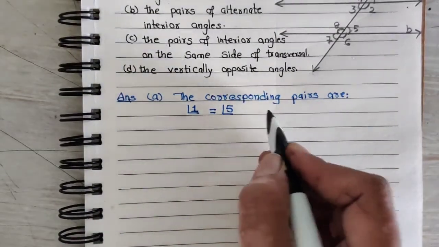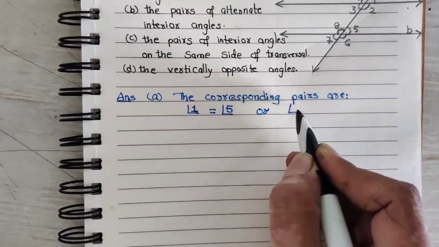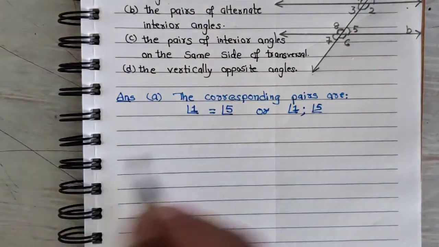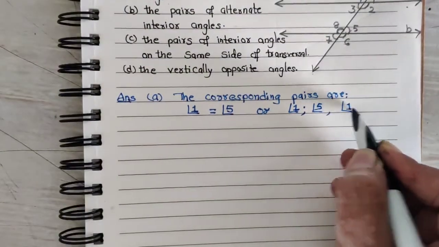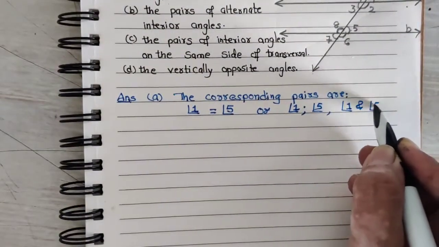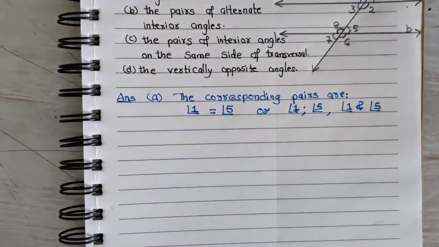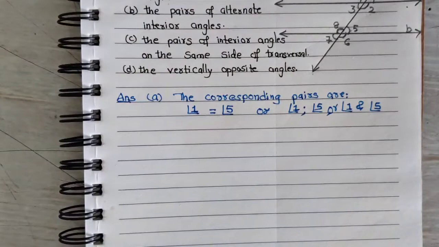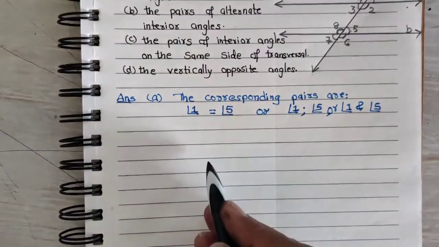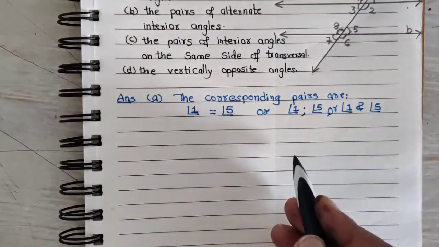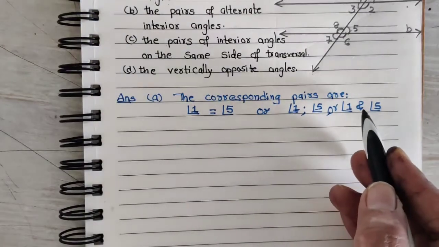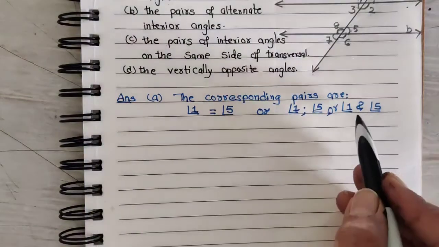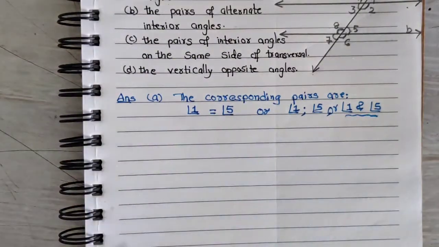You may write it like this, or angle 1 and angle 5 with the sign of 'and'. Any of these will be valid: the equality, the semicolon method, or the 'and' sign. Fine, I am going to follow this one now.